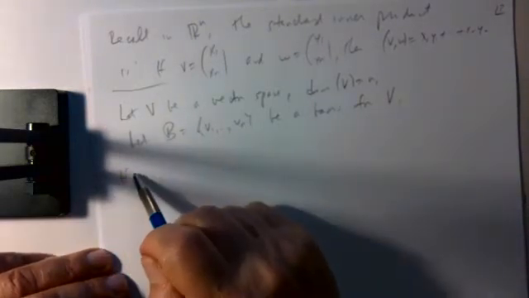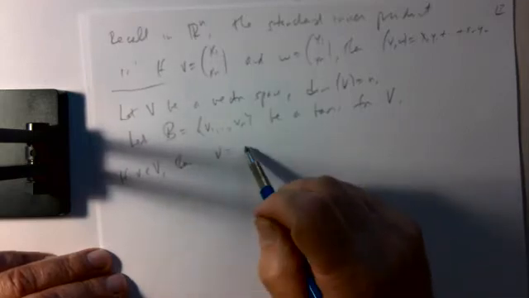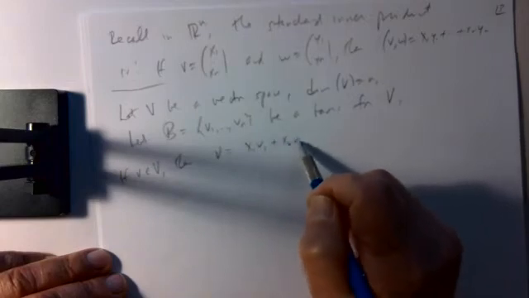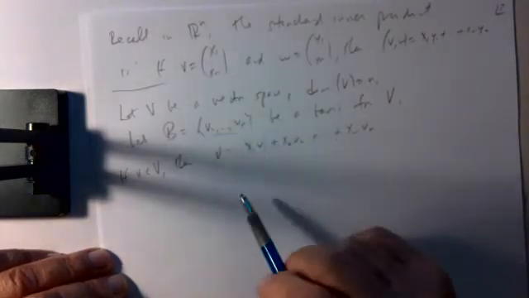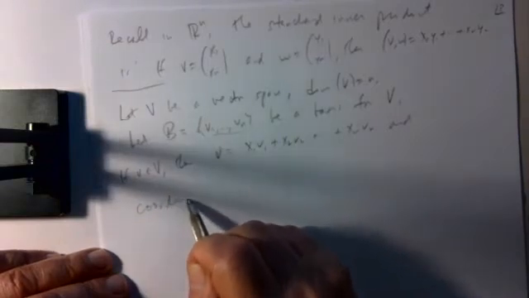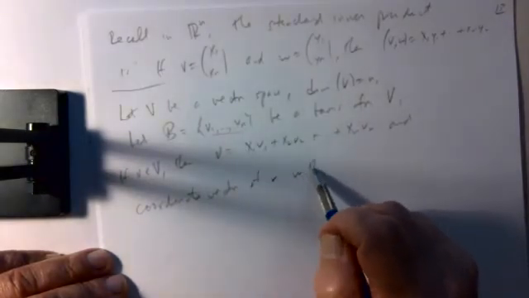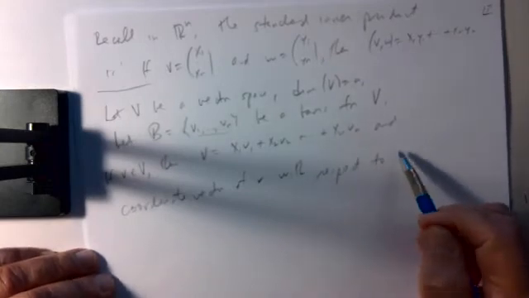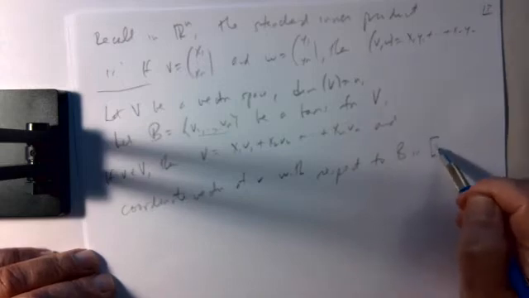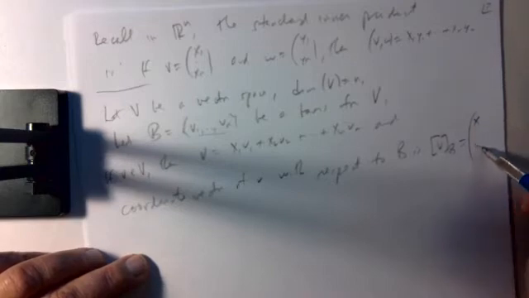So if V is any vector in the vector space, then V is some unique linear combination of the vectors in the basis, and what is called the coordinate vector of V with respect to this basis is just x1 down to xn.